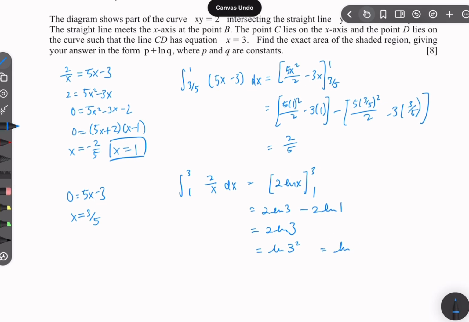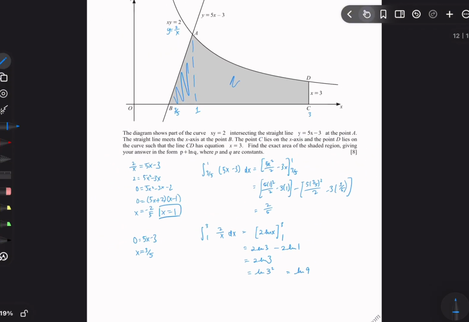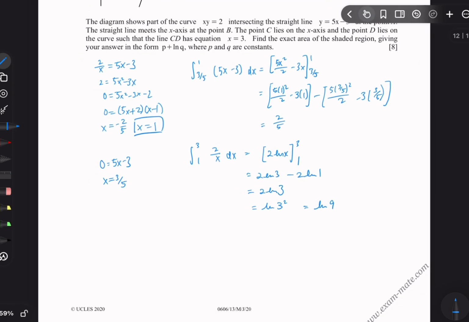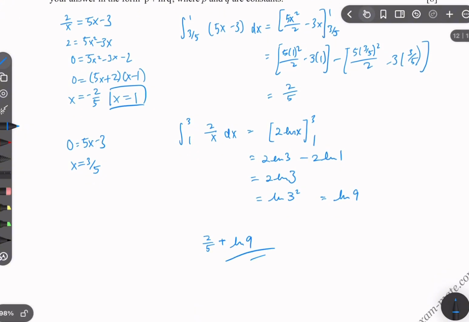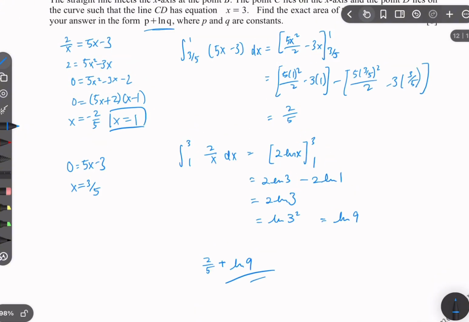We can rewrite this as ln 9. Okay, the total area will be 2 over 5 plus ln 9. And this is also written in the form that the question wants.